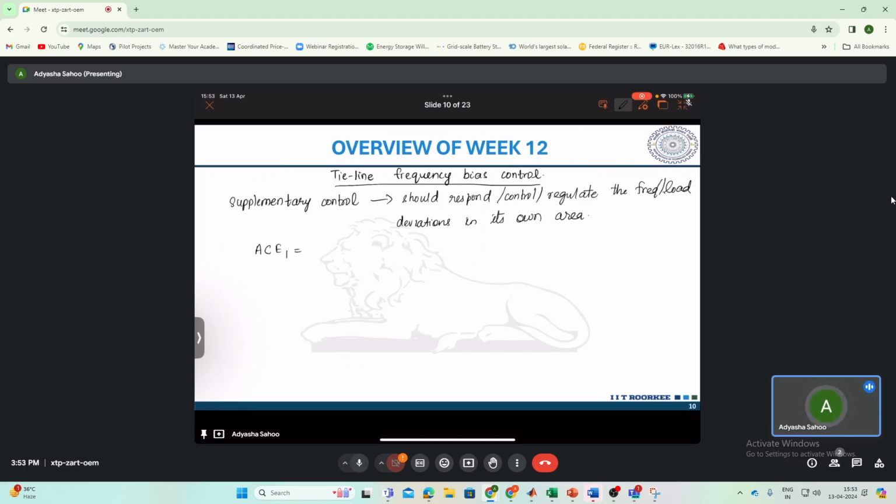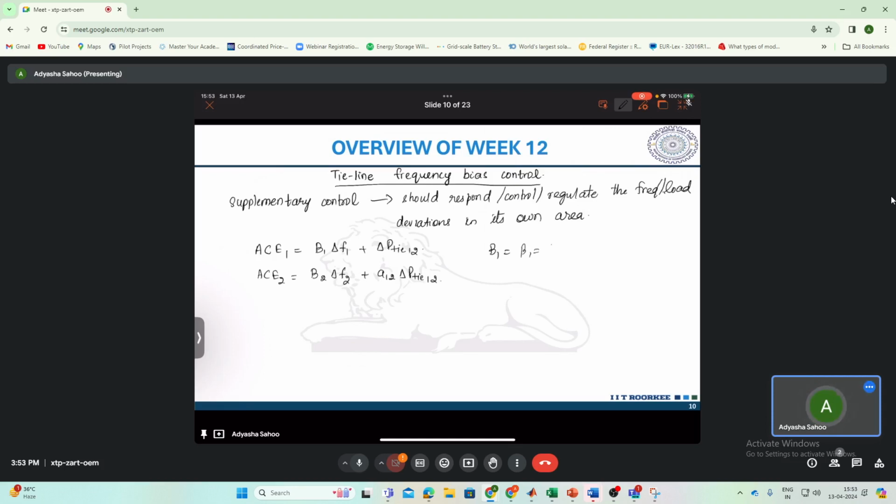So for this area control error 1, that will be B1 into change in frequency in area 1. Above this, we always have tie12 also. And for area 2, similarly B2 delta F2 plus A12 delta P tie12. So here B1 is nothing but the same as your frequency response characteristics of your areas 1 and 2.